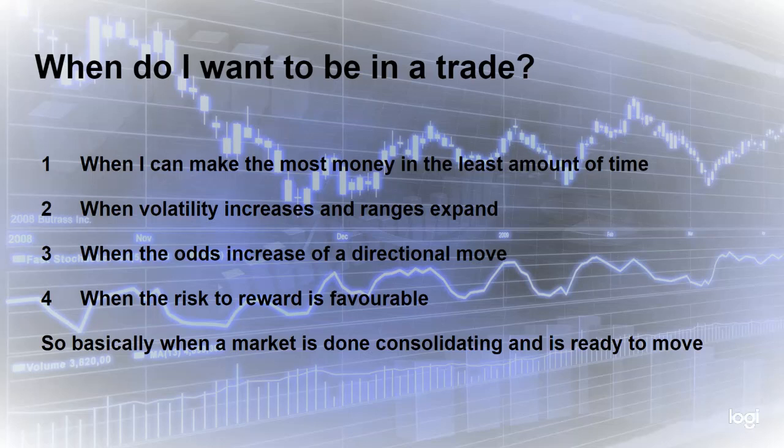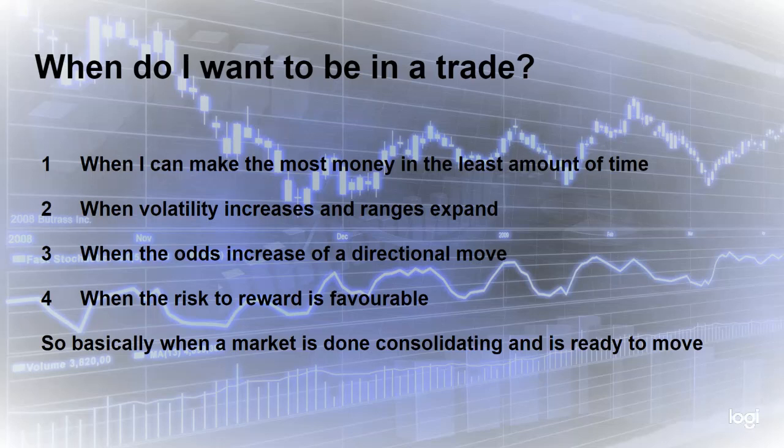These times can often be when volatility is increasing and ranges are expanding, so price is moving in a direction at an increasing amount. So it's likely to keep going in that direction. What happens when that happens?